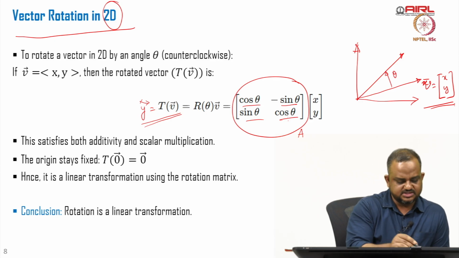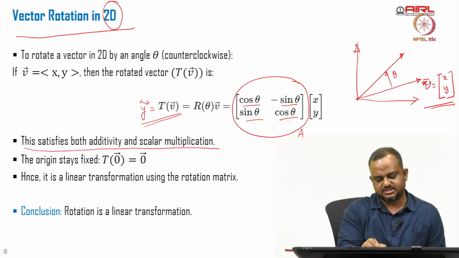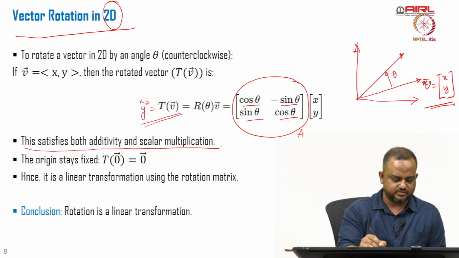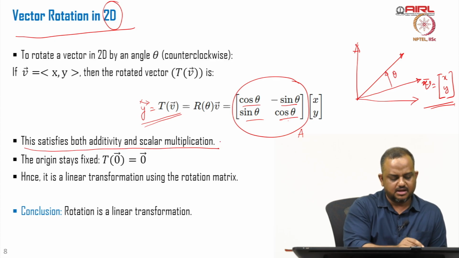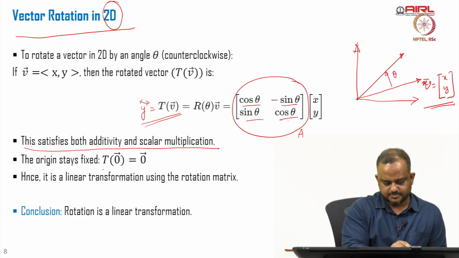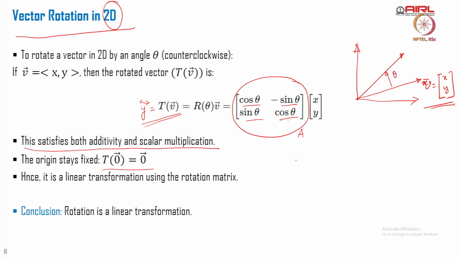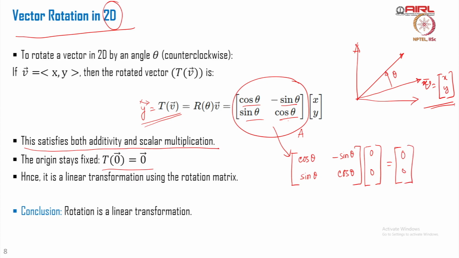Okay, this satisfies both additivity and scalar multiplication. I am keeping it for the students, they can check it. The origin stays fixed. We can see clearly from here, if the original vector is 0 0 and we multiply that original vector, that means the origin, by this particular A, then it comes as the same origin.